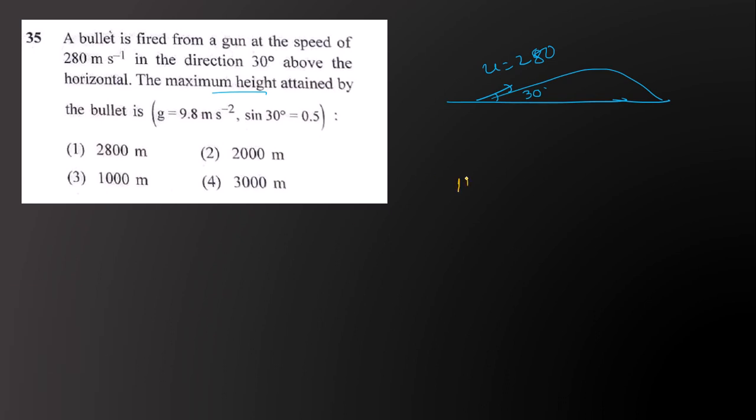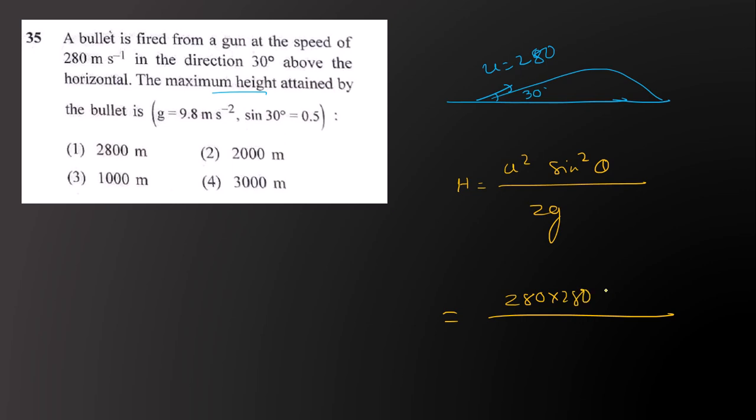Height is equal to u square sine square theta divided by 2g. So this is 280 into 280 multiplied by sine square 30, and 2 into 9.8. Even if you take 10, you can predict the answer because all the options are way different from each other. So I think after calculation, option 3 will be correct.